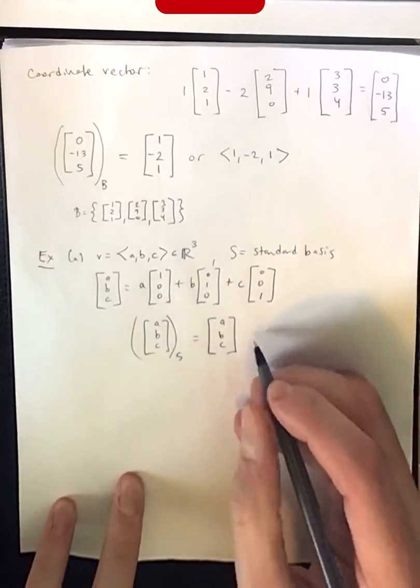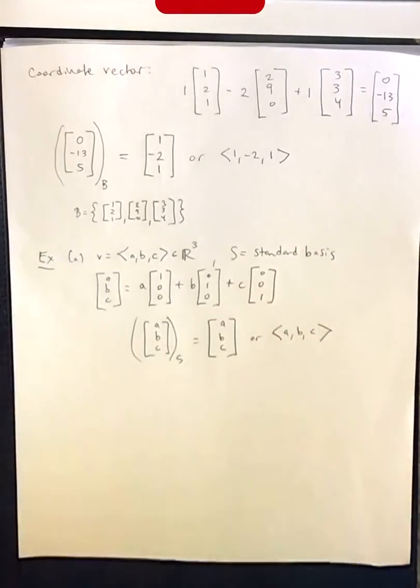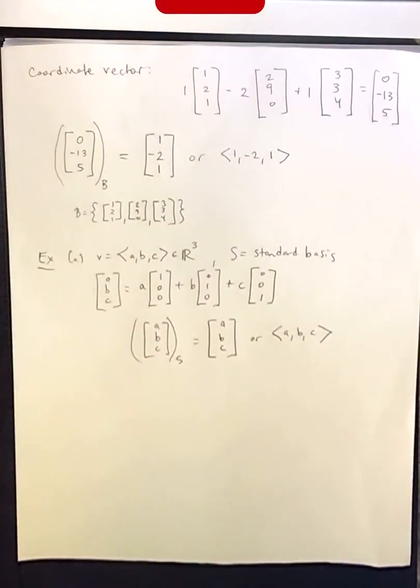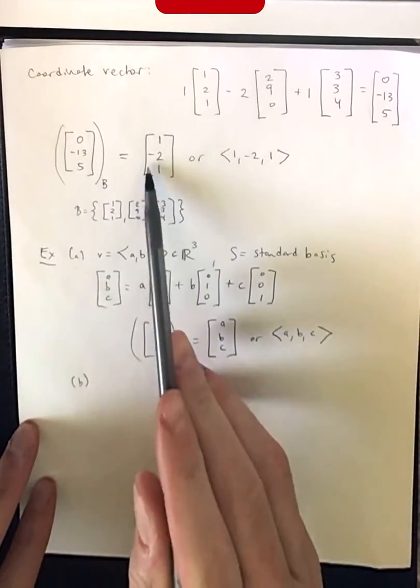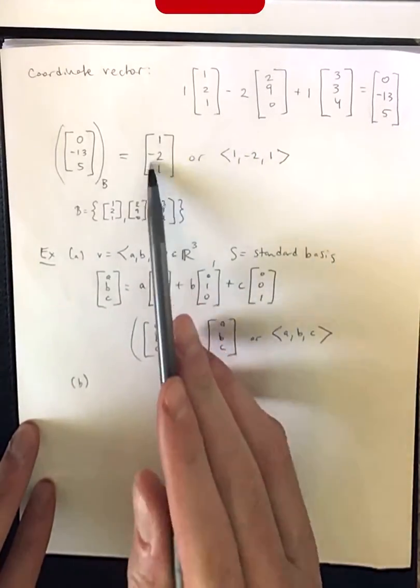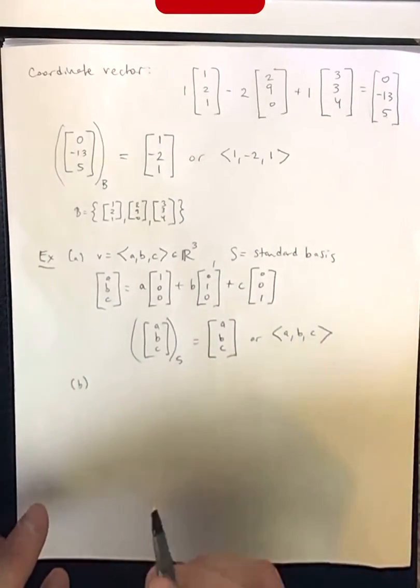It's still ABC. And if you wanted to write it like this, you could. Right? So using the standard basis is actually a kind of natural thing to use. It's when you use something that's different, where you can have something like this one up here, where the numbers are not necessarily what you would expect, I guess.